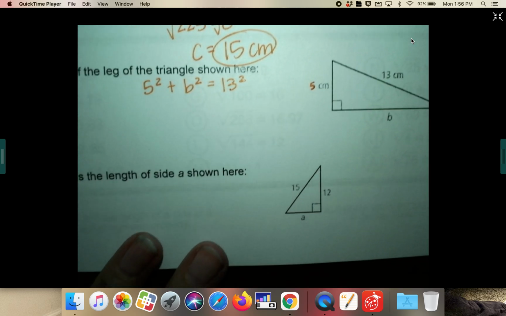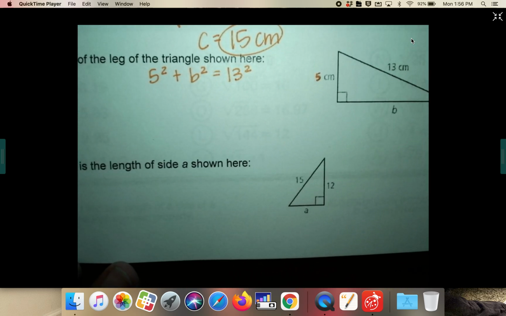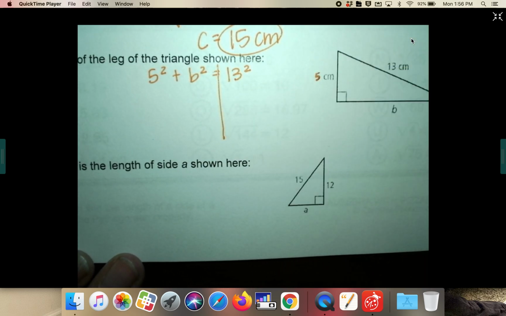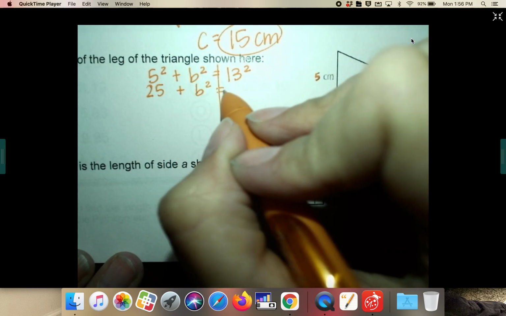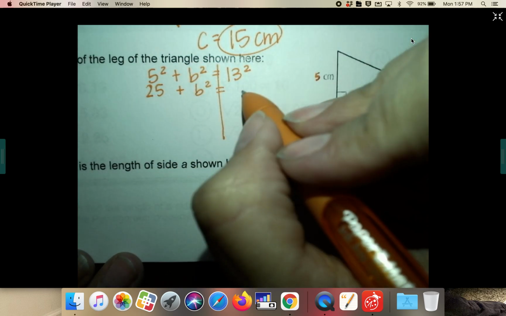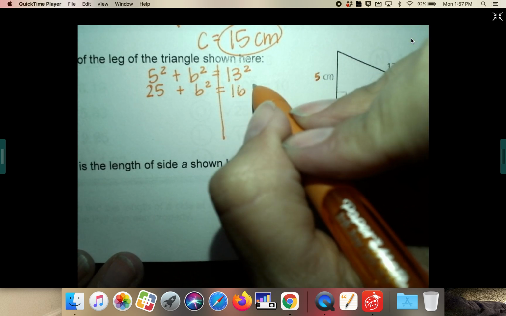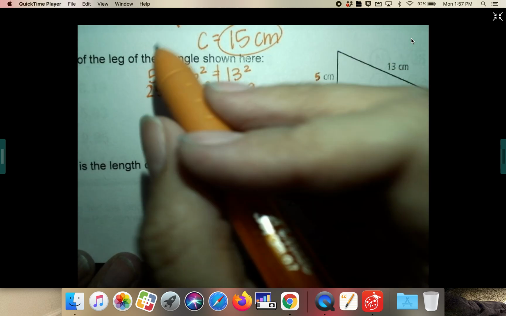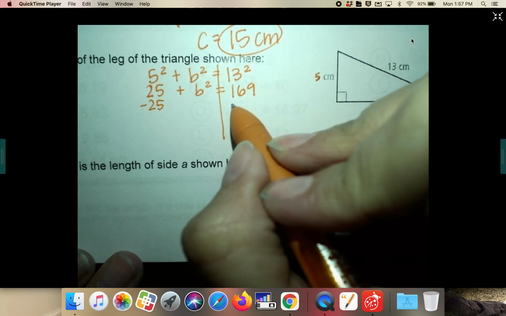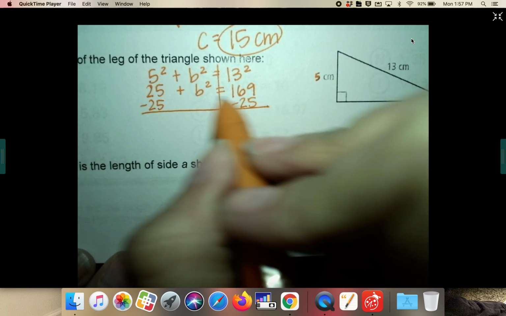So this one is different than the previous two because now we're missing one of the legs. So I am going to solve it just like you would any equation. 5 squared is 25. We don't know B squared, so I'm going to leave it plus B squared. 13 squared is 169, I believe. Double check on your calculator. And then you're just doing a two-step equation. What would you do next? You would subtract 25 from both sides.